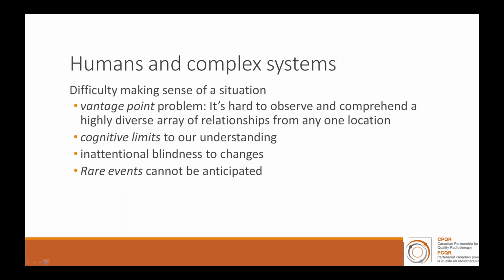The tricky thing is humans don't do very well in complex systems because we have difficulty making sense of a situation for a handful of reasons. One, imagine in our radiation therapy department, we have medical physicists like me, radiation oncologists, and radiotherapists, and we each have a different vantage point.